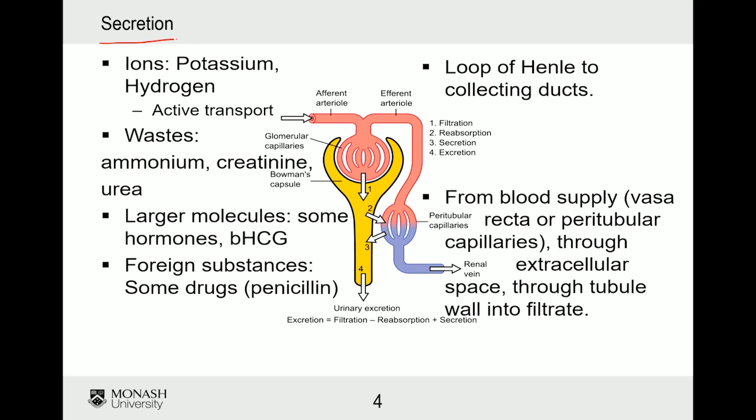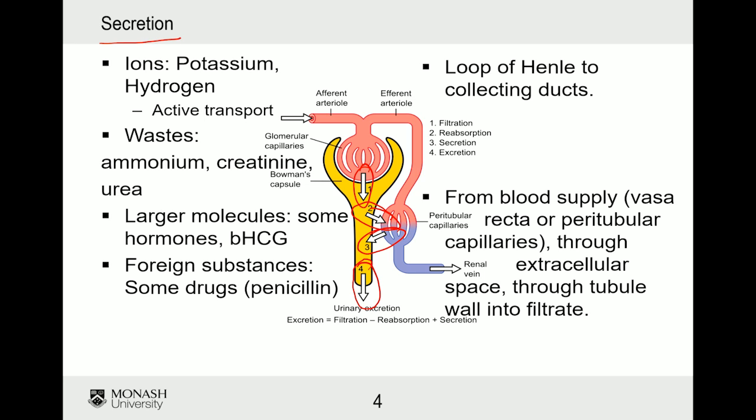Now we'll look at secretion. Secretion is about removing substances from the blood into the tubule that haven't been filtered, or that have been filtered, reabsorbed, and then secreted. They go through quite a process to be excreted, which means put out in the urine.